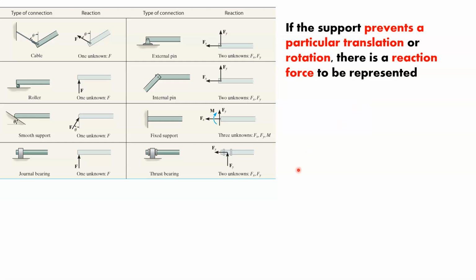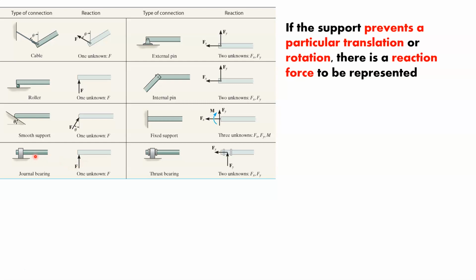And then you can look at this and see that when we look at things like the journal bearing or the thrust bearing, you've got a stop in the translation for the journal bearing, which is going laterally. So you've got a support reaction going laterally.